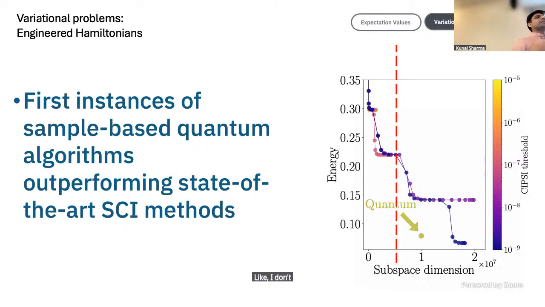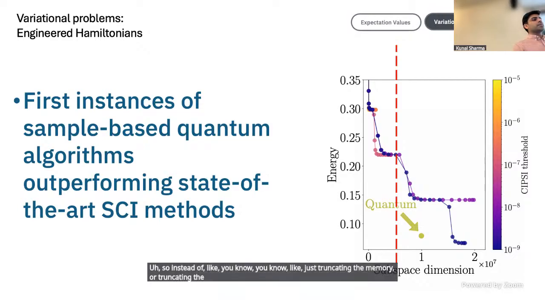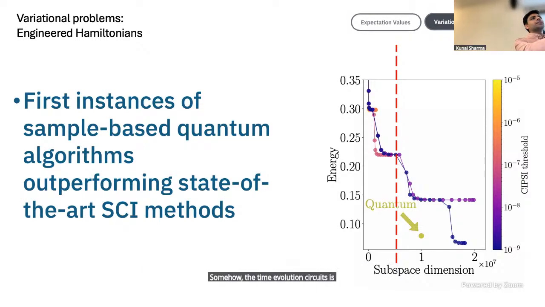I don't see them when I sample. So instead of truncating the bit string subspace because of memory issues, the time evolution circuit is somehow taking care of it, and I don't have to remove them by hand.